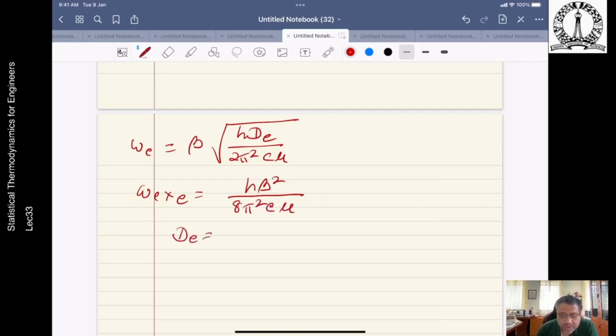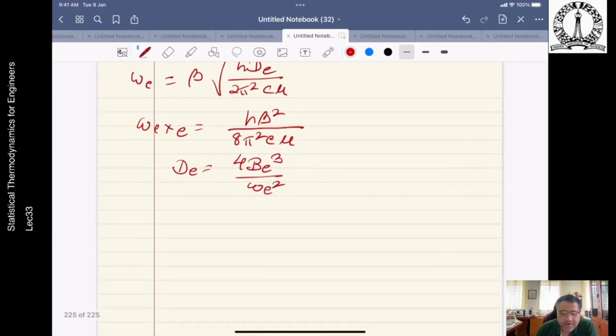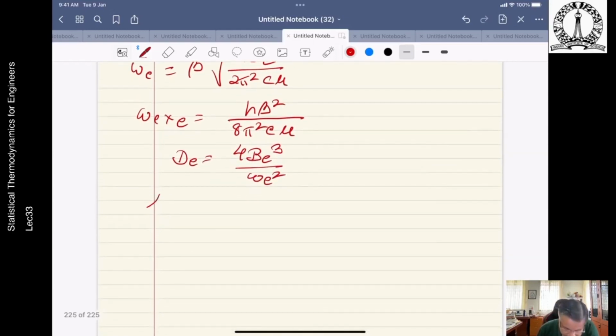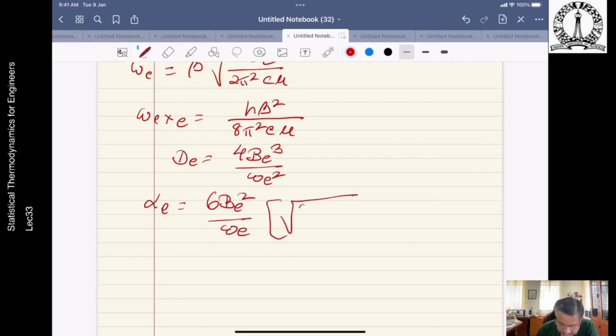DE is equal to 4 BE cube over omega E square, and alpha E is equal to 6 BE square divided by omega E times (XE by DE minus 1).